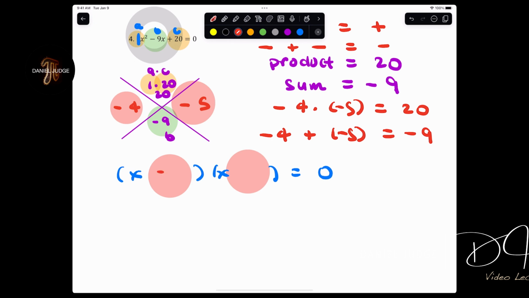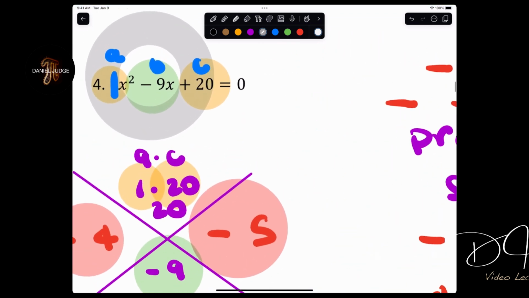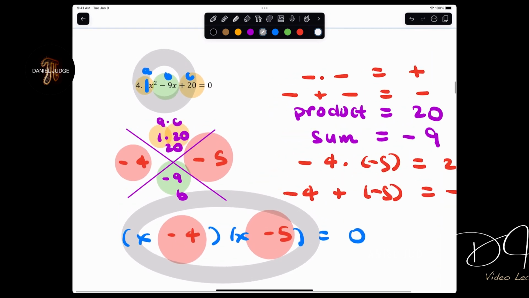So this would be x minus 4 and x minus 5. So you factored, which is what you see here on the left-hand side. But we have a quadratic equation, that trinomial equals 0. So we use the zero product rule to get our solutions.